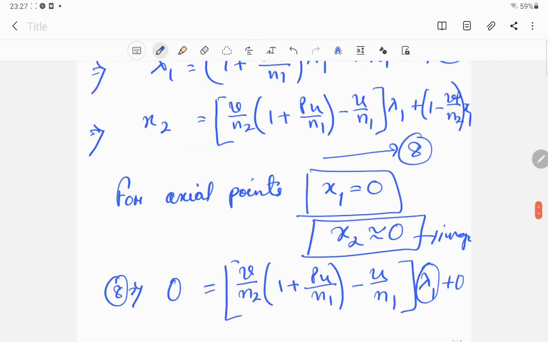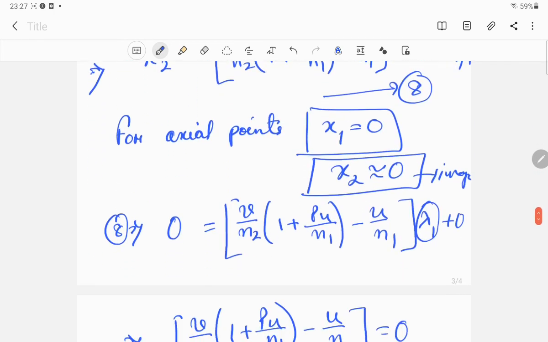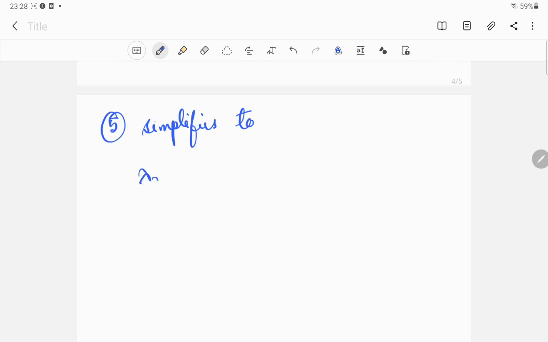So this is 0, meaning in equation number 5 this term is not there. So equation 5 simplifies. What is that simplification?